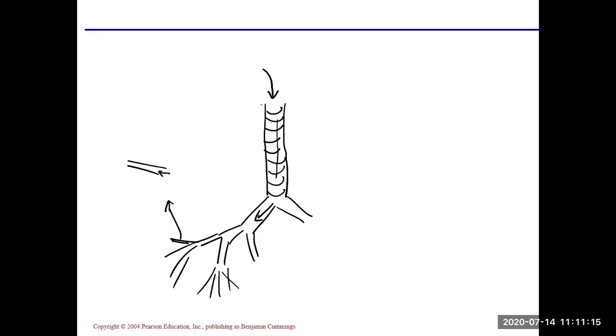And then that reaches the alveoli. The alveoli are the air sacs that have a lot of surface area, and these alveoli are covered by a lot of capillaries surrounding them, and the gas exchange happens there.